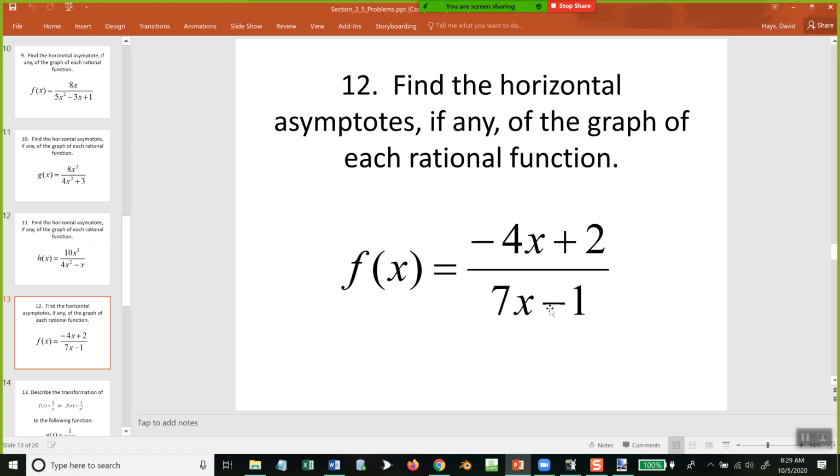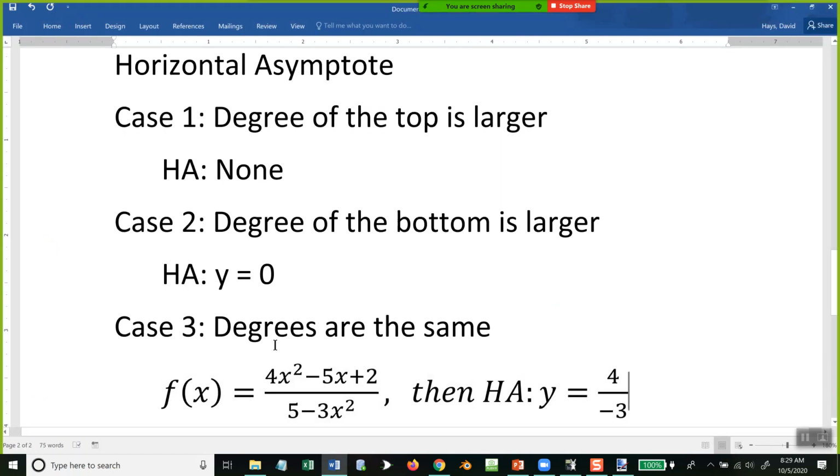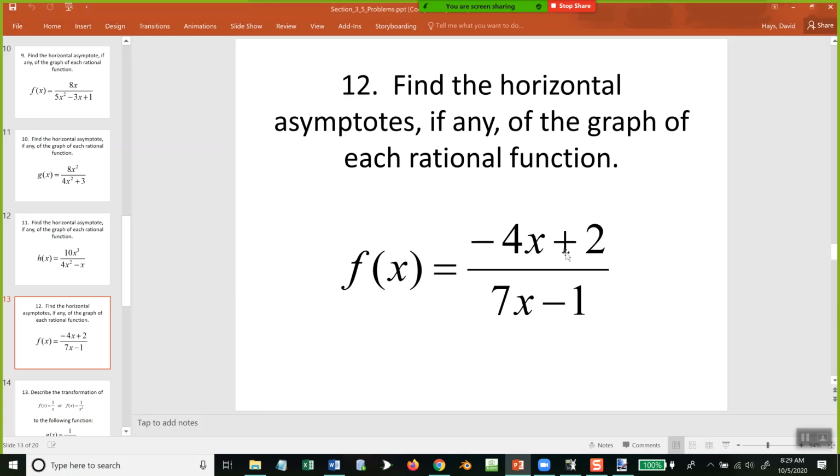Degree of the top is 1, degree of the bottom is 1, degrees are the same. That would be case 3. We create a new fraction by taking the number off the front of the x to the largest power. So we're going to have y is equal to negative 4 over 7. And that would be our horizontal asymptote. Questions on horizontal asymptote?